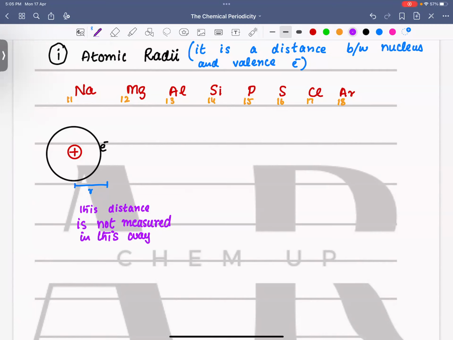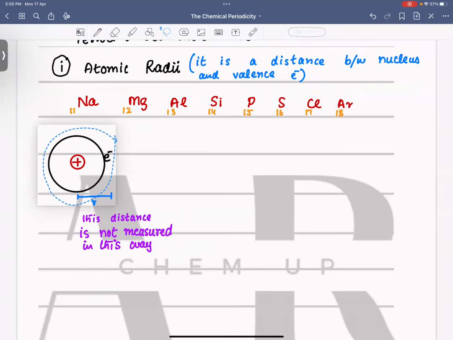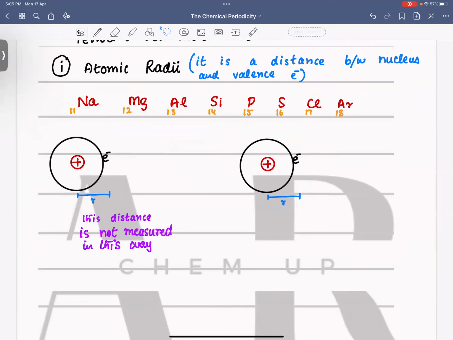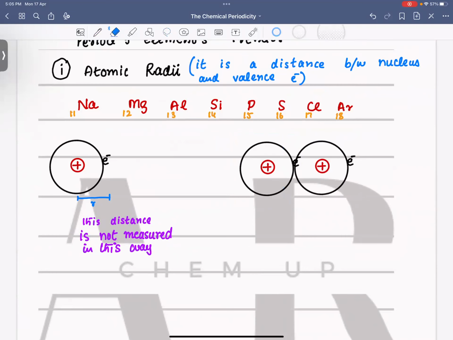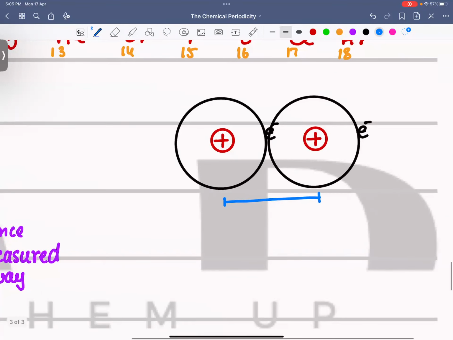So how can we do this? For example, if we have a structure where there are two atoms which are neighbor to each other, I can measure the distance between the nuclei of the two atoms.